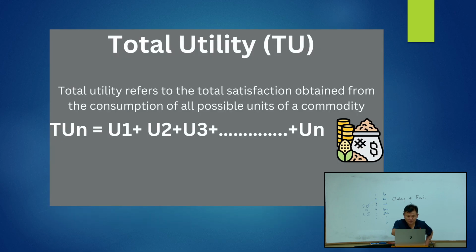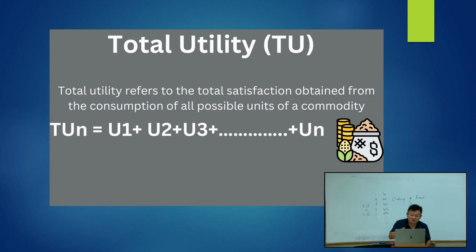So the equation is that total utility refers to the total satisfaction obtained from the consumption of all possible units of the commodity. Commodity is goods and services. All possible units means what I can afford. It means you have some money in your pocket or not. This is an assumption.